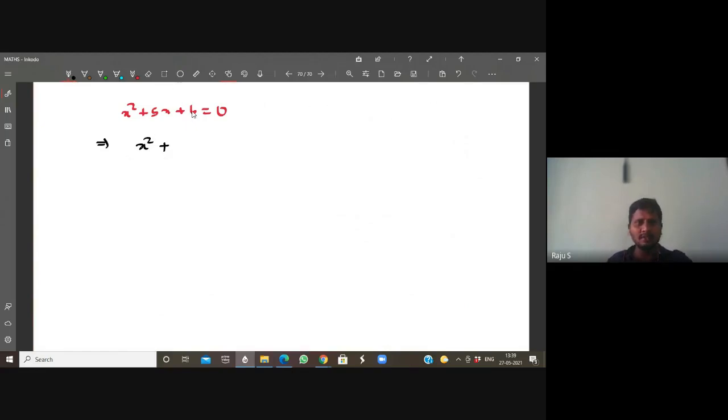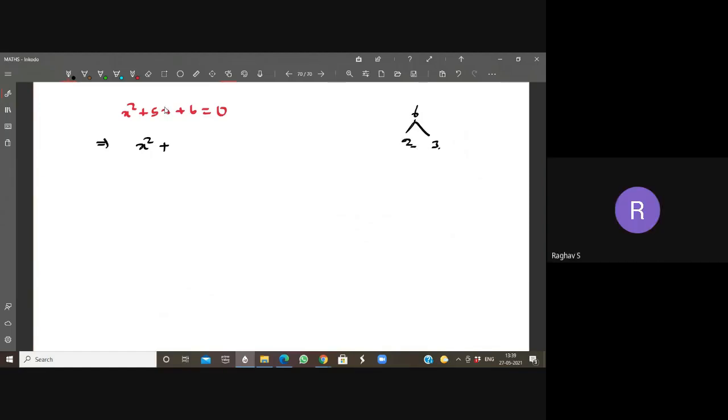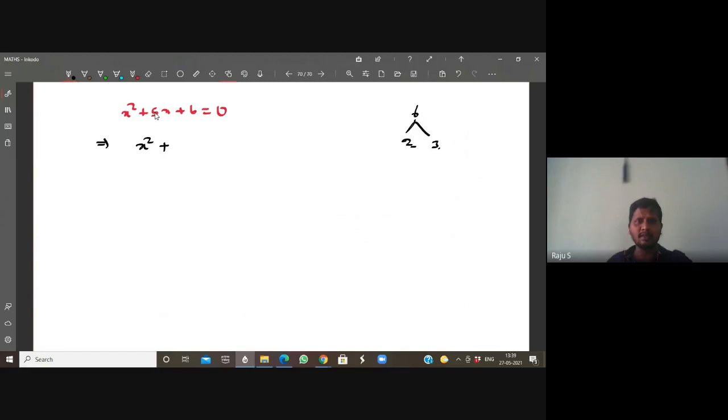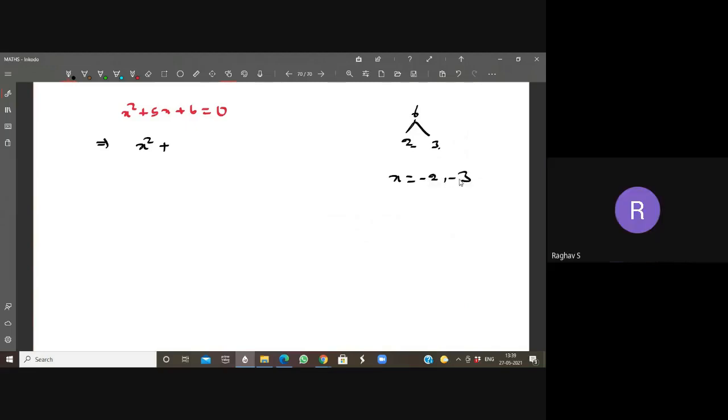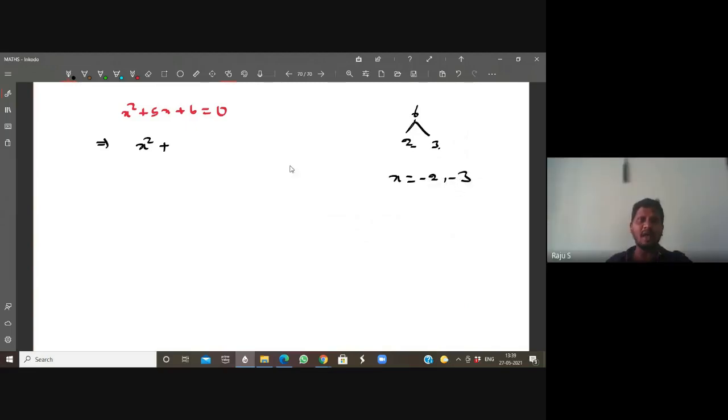You can write the factors of 6 are 2 and 3, and 2 plus 3 is 5, 2 times 3 is 6. Then the roots are on the opposite side, minus 2 and minus 3. So generally you write it outright, but in NCERT you should write all these steps.